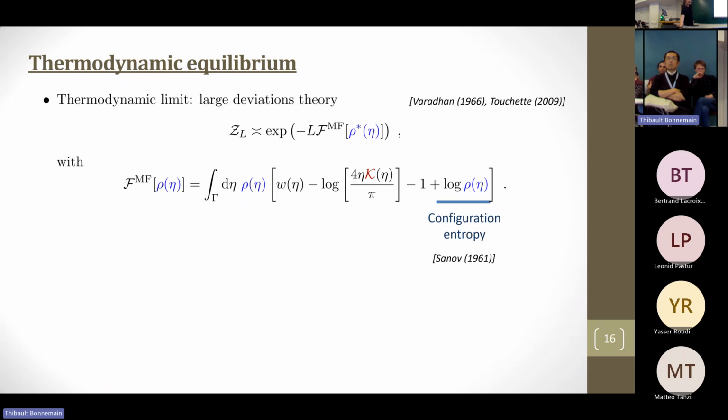Sanov's theorem roughly tells you that the probability that the empirical density phi tilde is equal to phi at large n is exponential of minus n times the integral of phi log phi. That's where the rho log rho structure comes from. The probability of equality is in the weak sense.